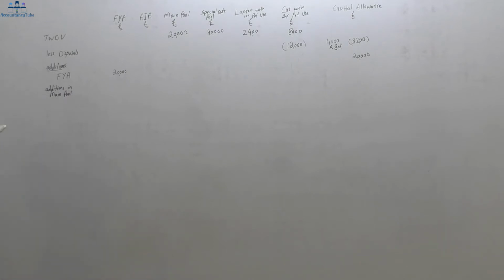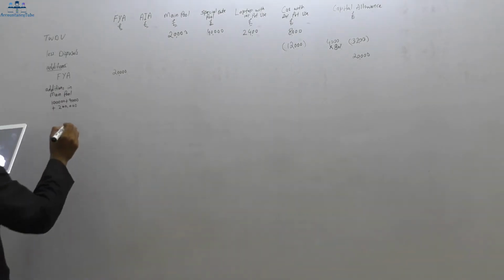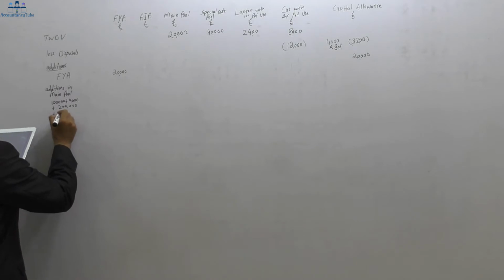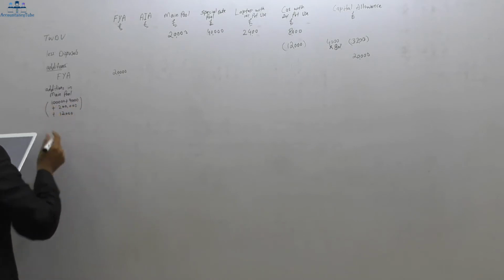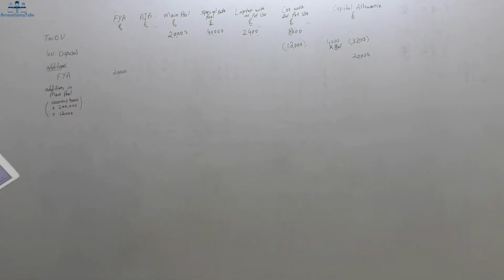Then there is a van of £100,000 that will go into the main pool. The general plant of £200,000 will go into the main pool as well. There is one computer as well, which is £12,000, so I will add that as well, plus £12,000. Alright, so this whole figure will go into our main pool.